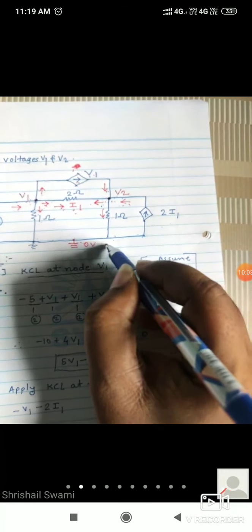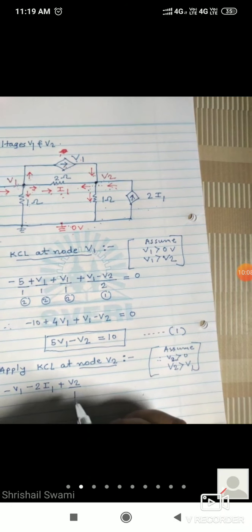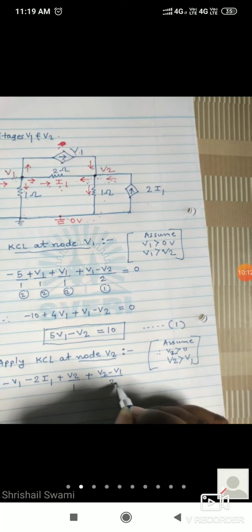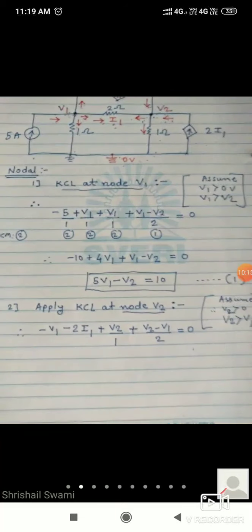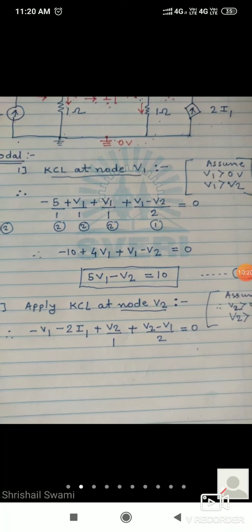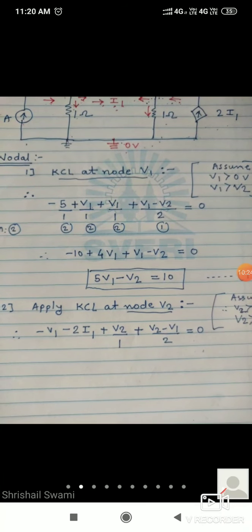Okay, now next, for this branch, V2 minus 0 divided by 1 plus V2 divided by 1 plus V2 minus V1 divided by 2 is equal to 0. Now in this equation, if you are observing carefully, V1 is there, V2 is there, and I1 is also there.